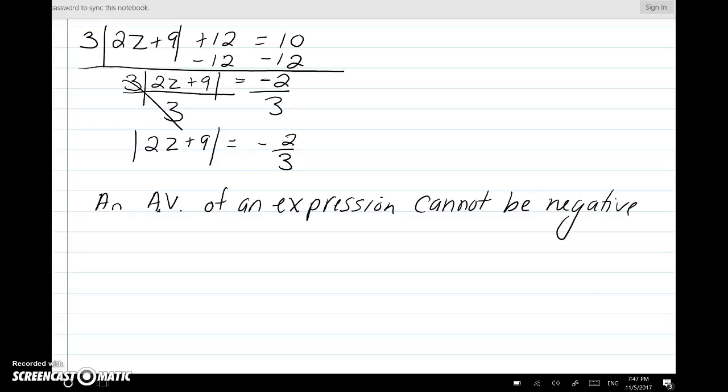So if you're solving one of these and you see that you have an absolute value equaling something negative, unfortunately it's not going to work. So our answer is our favorite, no solution.